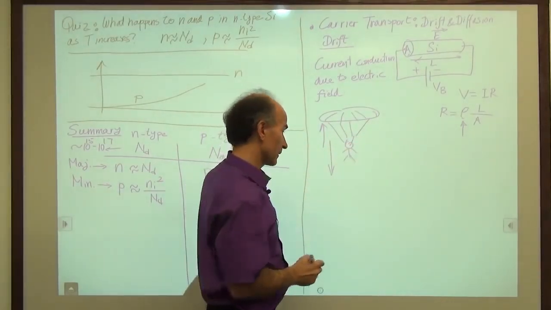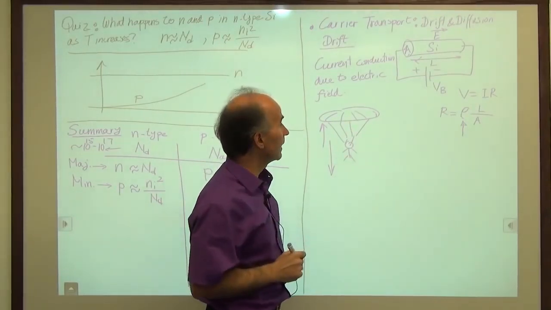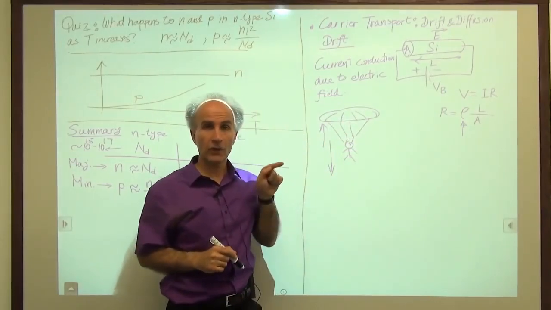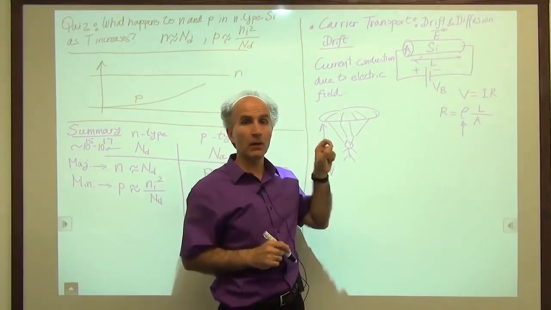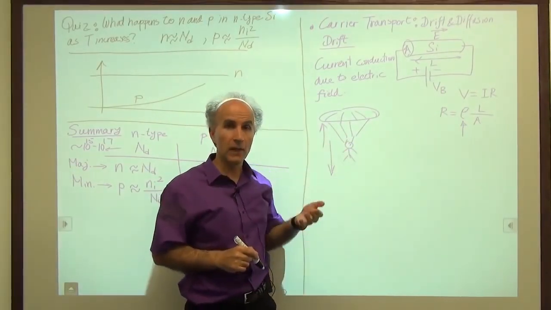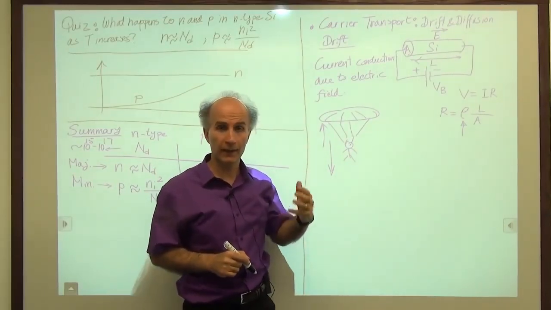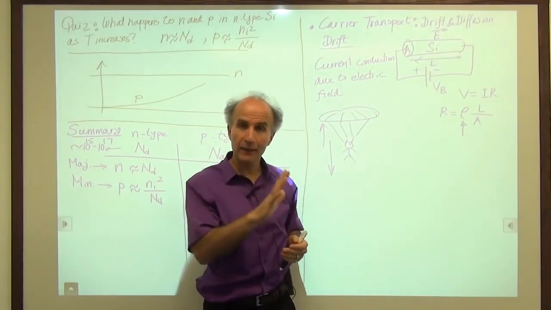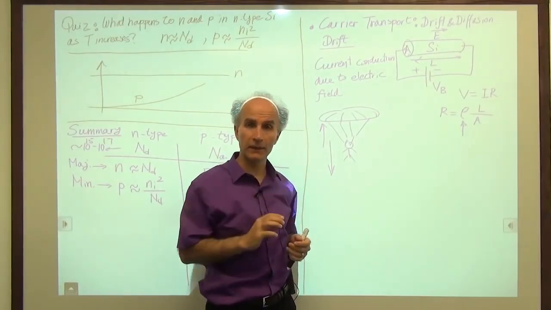And that constant velocity is called terminal velocity. Now, a similar effect happens in silicon. When the electrons are accelerated by the electric field, there's a counter force, and the counter force is the result of the electrons hitting the crystal of the silicon.